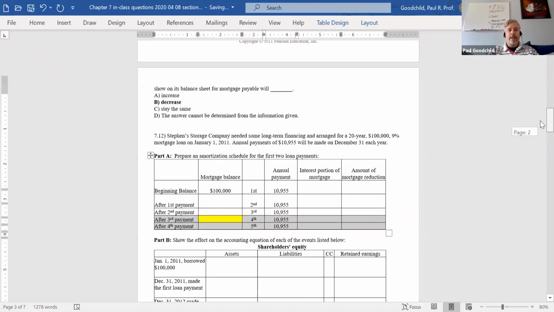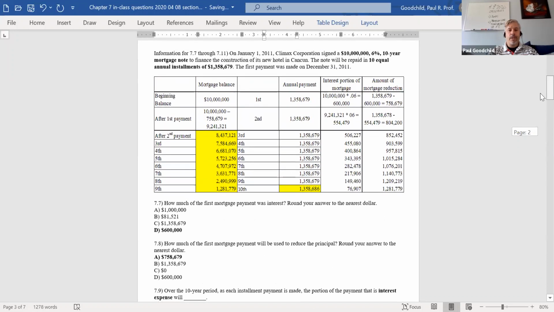I'm going to scroll back up now so you can look at the example.